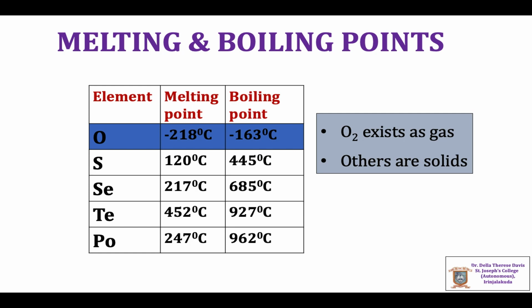The melting point of oxygen is -218 degrees Celsius and boiling point is -163 degrees Celsius. This is because oxygen exists as gas at room temperature and all others are solids. Oxygen is a diatomic molecule, whereas other elements exist as polyatomic molecules.